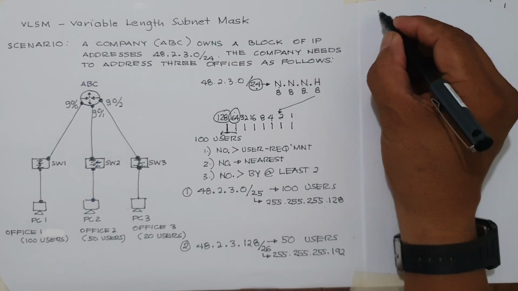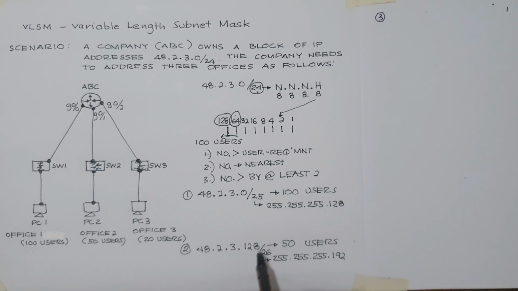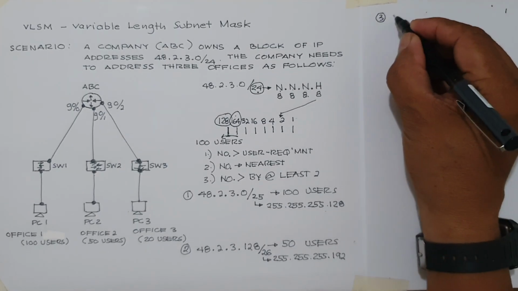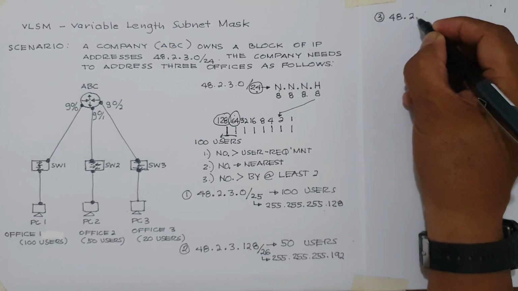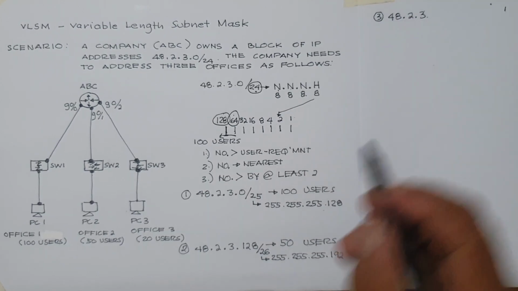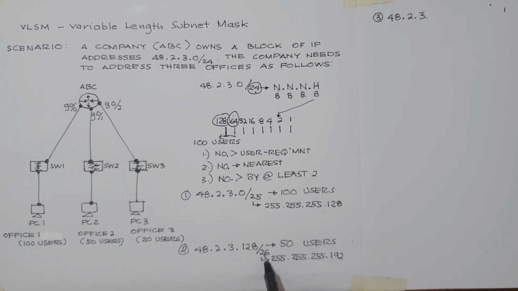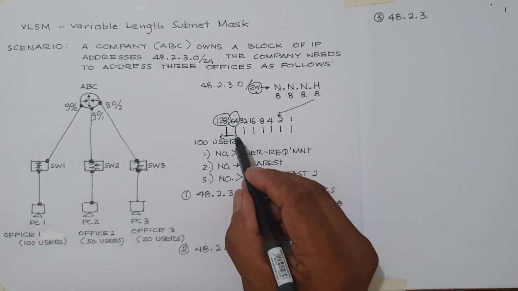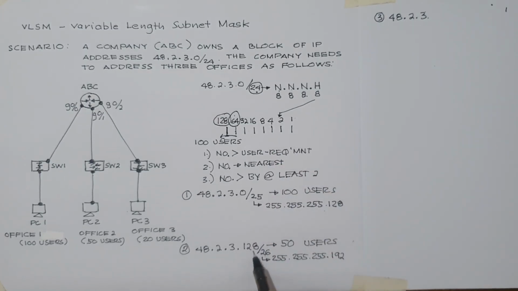Now, for the third subnet, we now have 48.2.3. What comes next after 128? Since we have here a bit mask of /26, we will add 64 to 128.